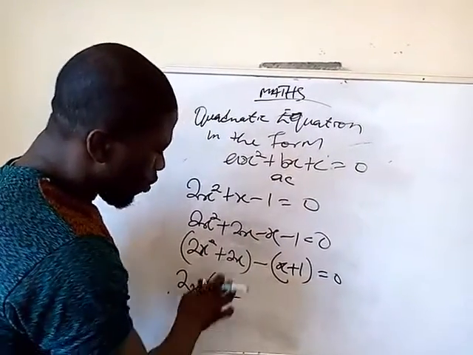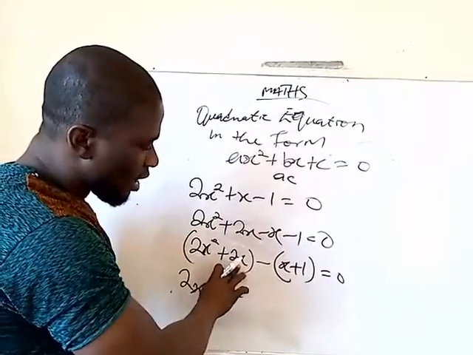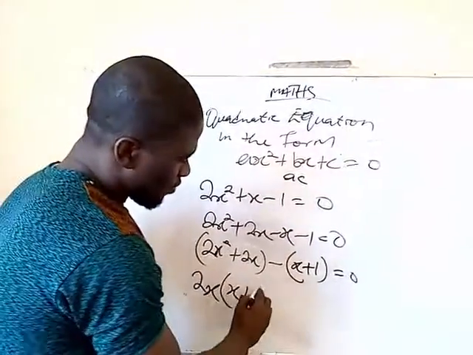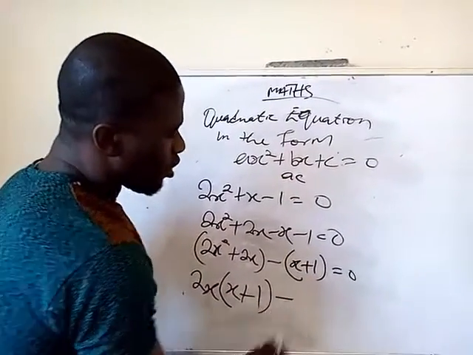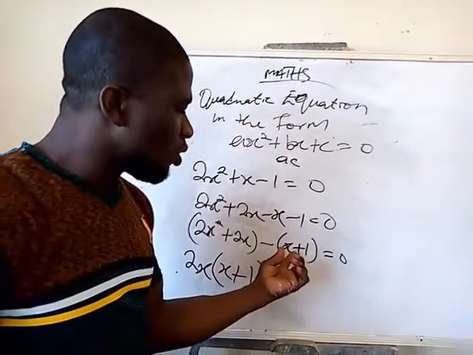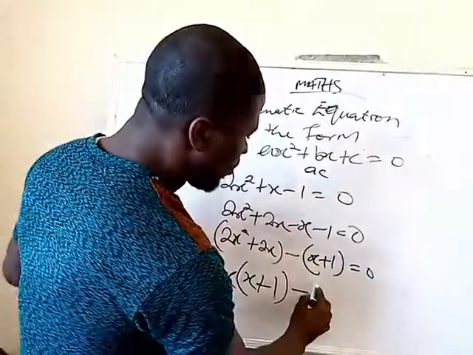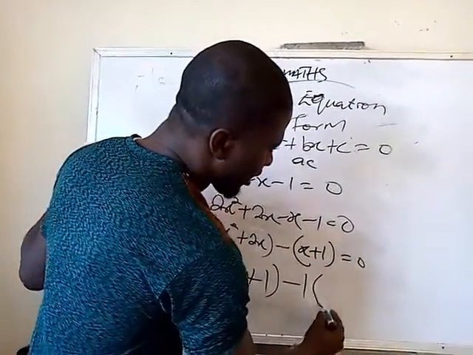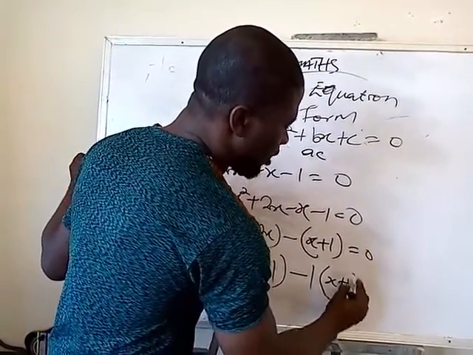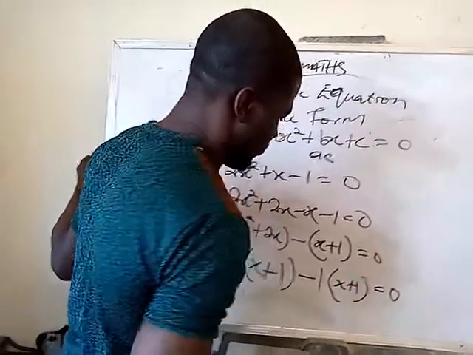Plus, when you remove 2x, what will be left is 1. You put 1 minus, what is common in x and 1 is 1. So you write your 1, open your brackets, x plus 1 equal to 0.